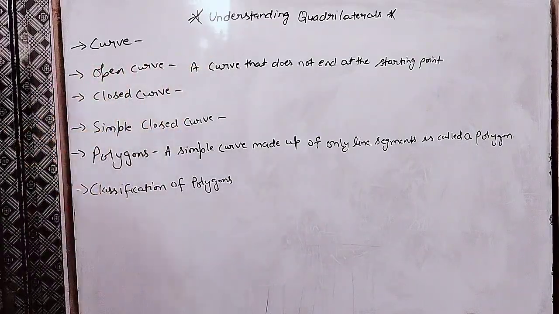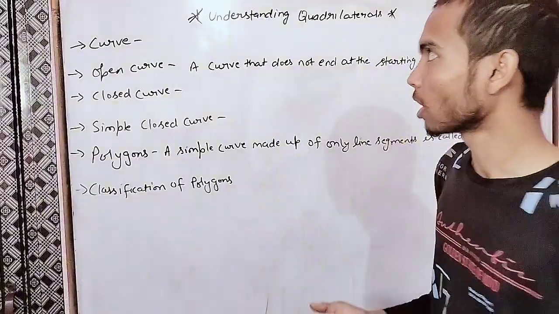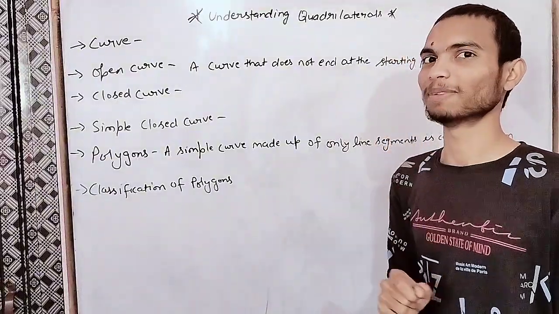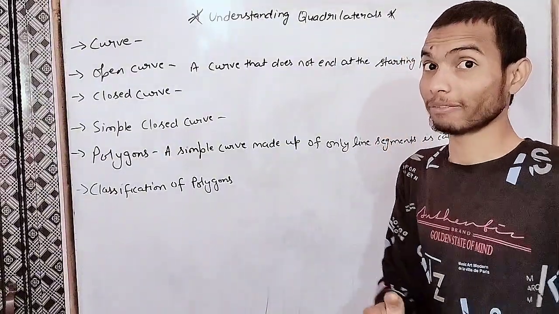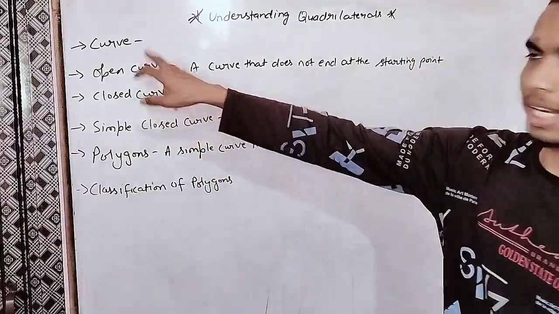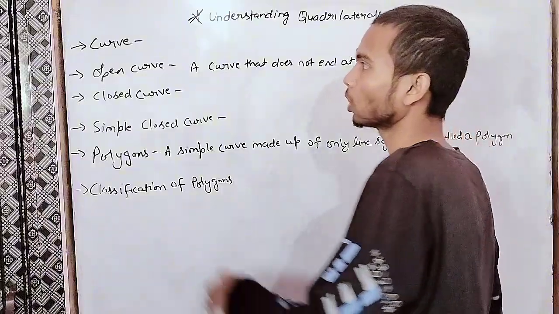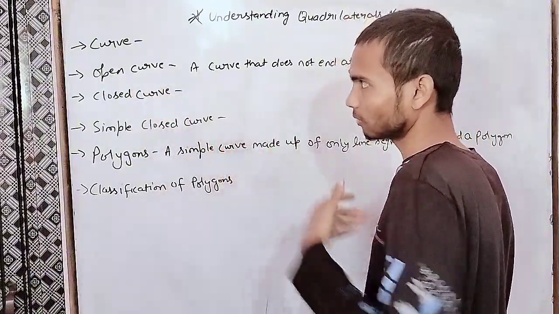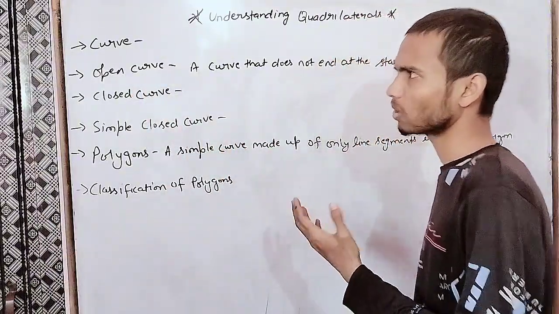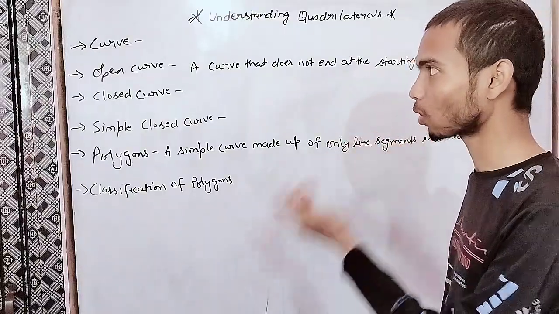Before that, let's understand curve. What is a curve? What is the meaning of a curve? You see curve diagrams in your real life and when you study math or any subject. When this word comes, we are saying there are two types of curve: open curve and closed curve.